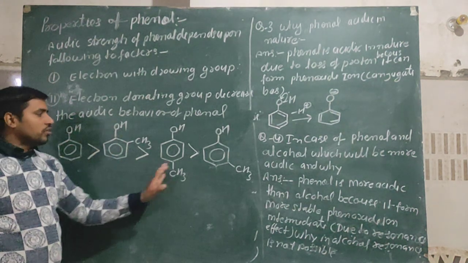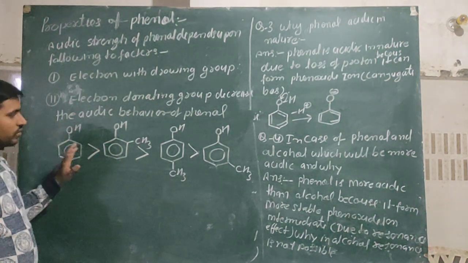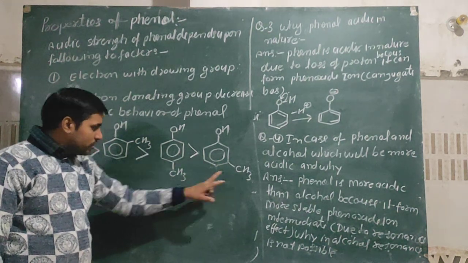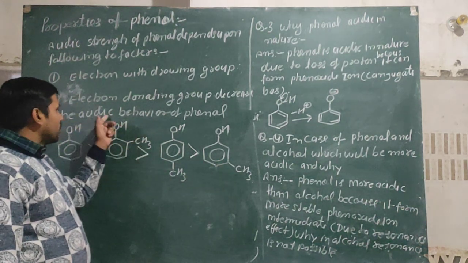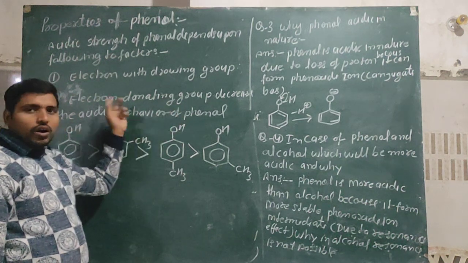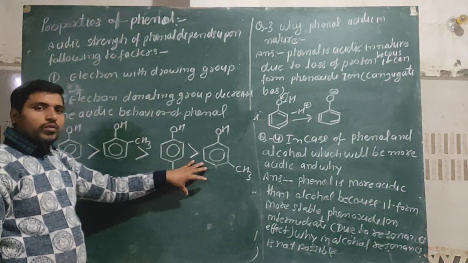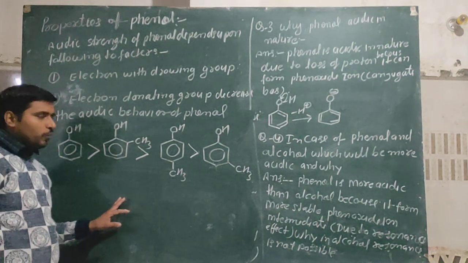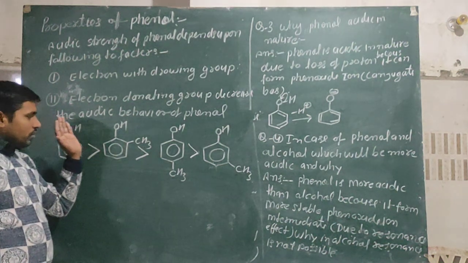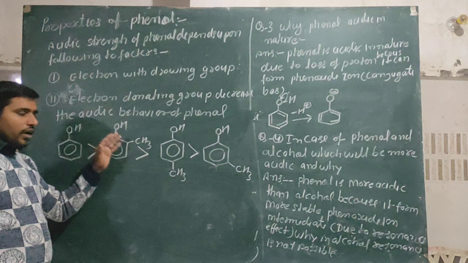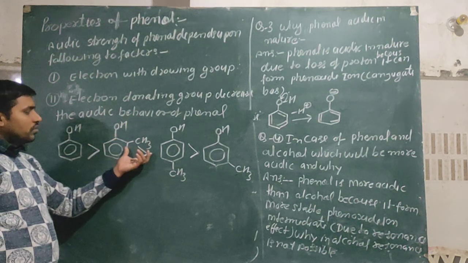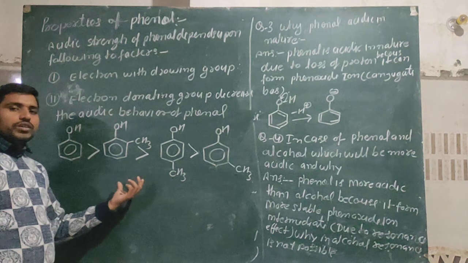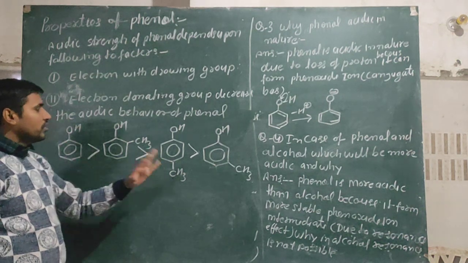In these structures, phenol is more acidic as compared to this. Here the CH3 group acts as an electron donating group or bulky group, and it is also known as an alkyl group. Okay, if alkyl groups are present, then the acidity of phenol decreases and basicity increases.